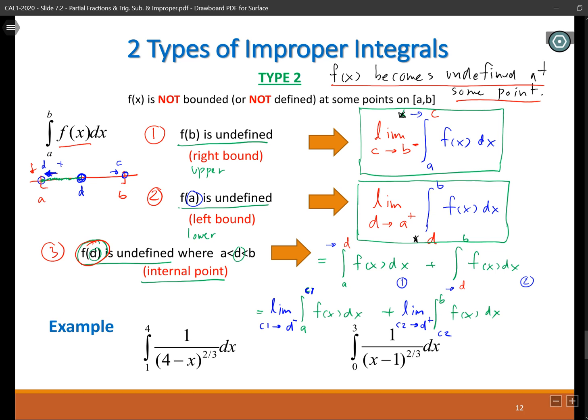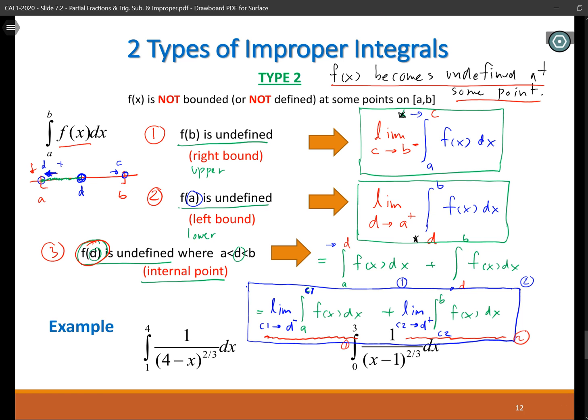And for scenario 3, the function goes undefined somewhere between a and b, so you have to arrive at this form. You have to split your integral into two parts right where it has a problem, right at d. After that you just need to combine scenarios 1 and 2 together, and of course we have scenario 1 for the first integral and scenario 2 for the second integral.